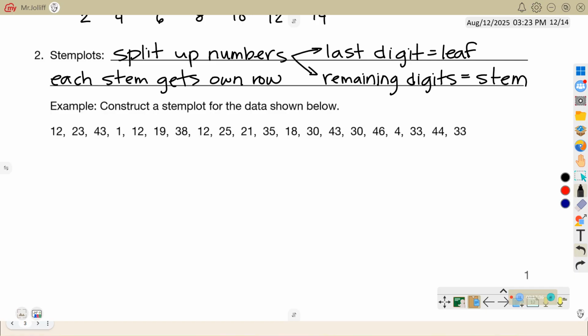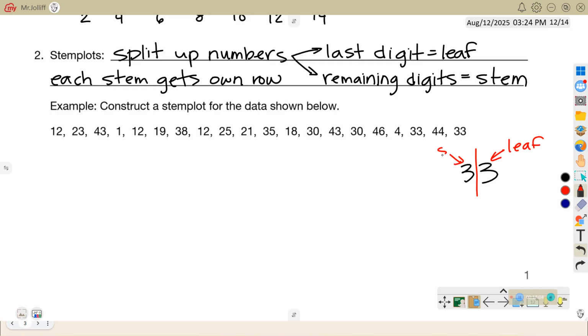And I'm going to do an example for you so you can see what this splitting process looks like. So I'm going to take that last number over here, that 33. I want to pick off the last digit, so I'm going to put a divider between the first and last digit. This guy is my leaf.